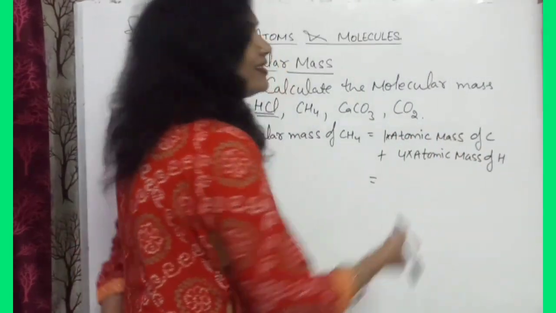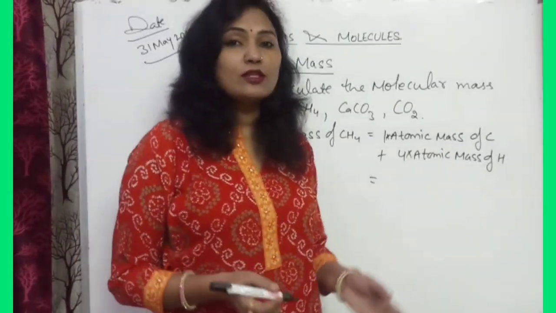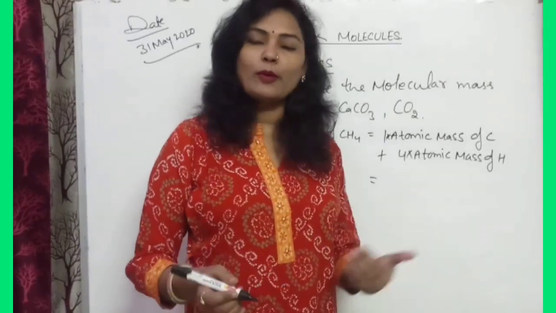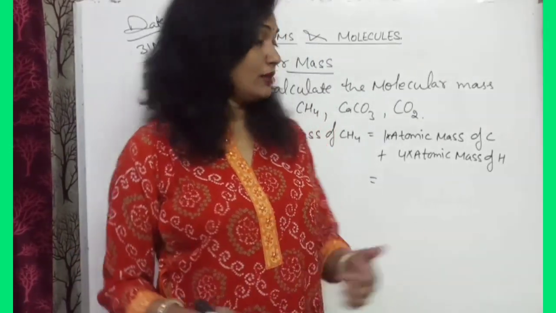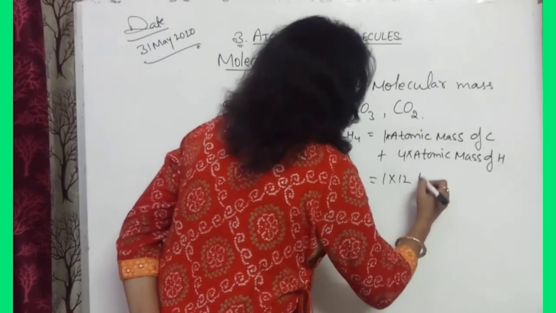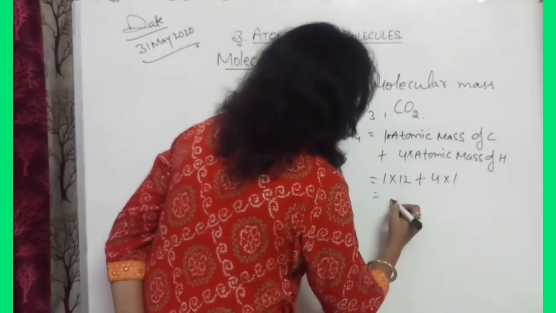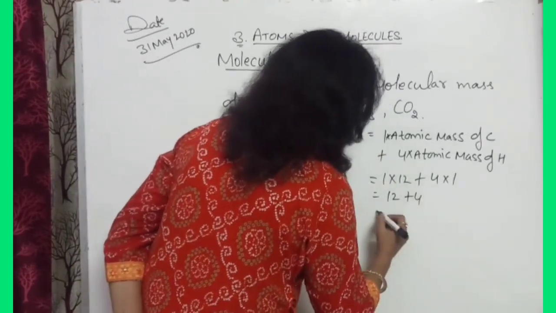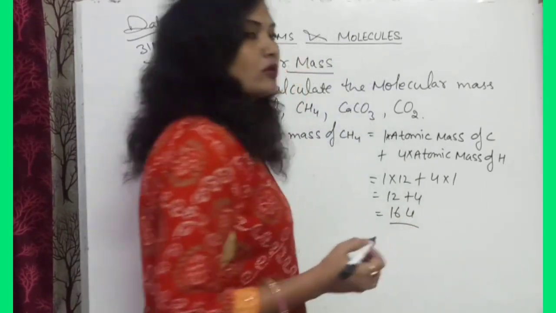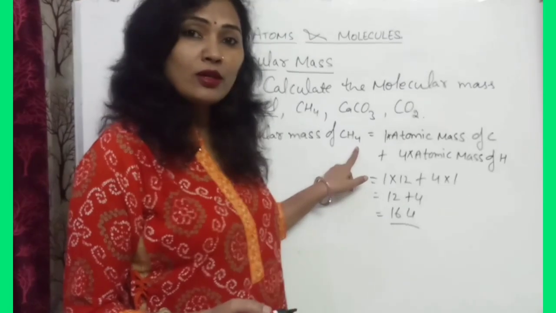Now you can calculate easily with the help of atomic mass. What is the atomic mass of carbon? It is 12. The atomic number is 6. So most probably atomic mass is double the atomic number. Now 1 into 12 plus 4 into 1. So we will get 12 plus 4, that is 16 U. So 16 U is the molecular mass of CH4 methane.